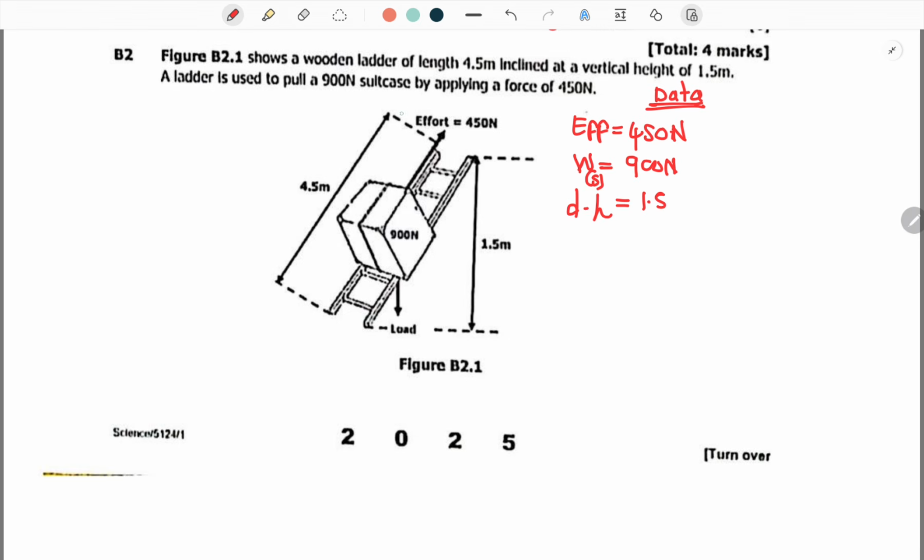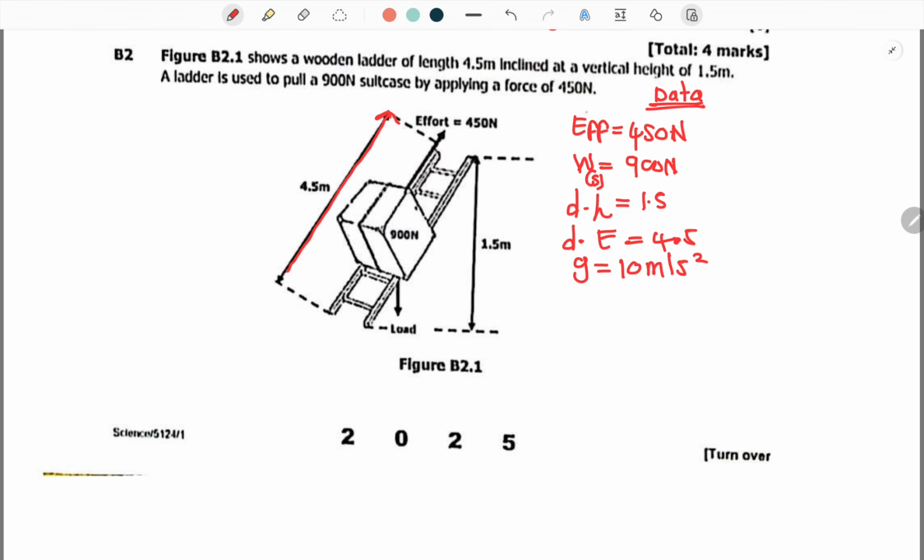Then this is the distance which is being covered by your effort, so this is the distance of the effort, which is 4.5. Of course, don't forget gravitational field strength, which is 10 meters per second squared.